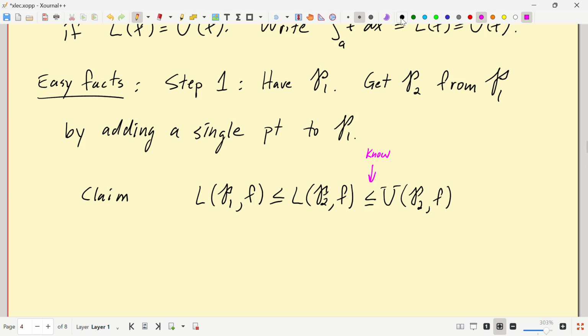But the fact that will be easy to deduce here is that the only thing the upper sum can do is go down when you toss in a point. Okay, that's easy, and it's just a picture proof.